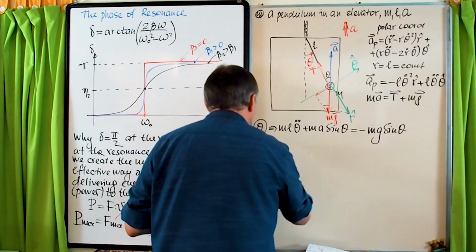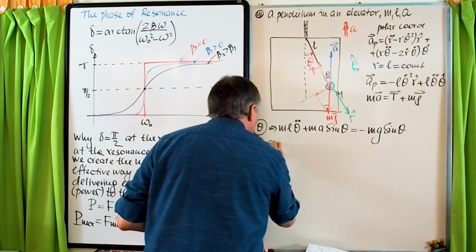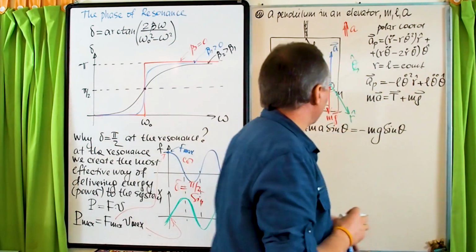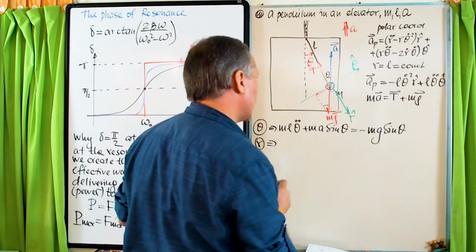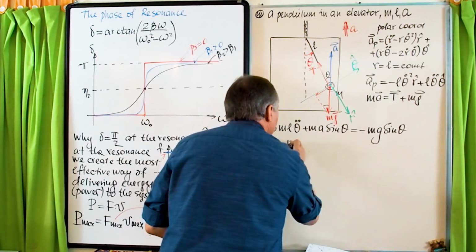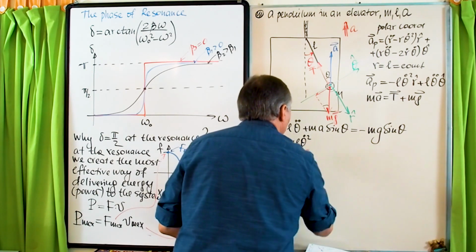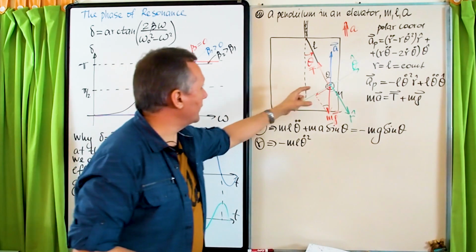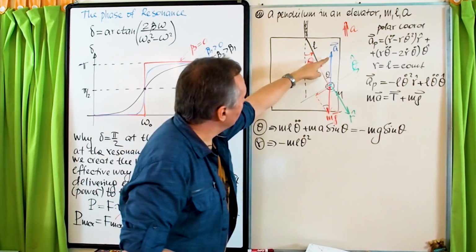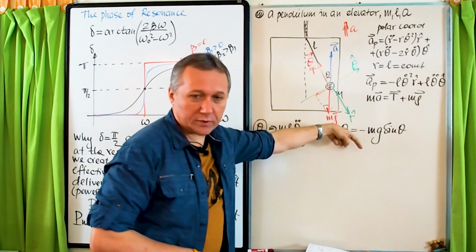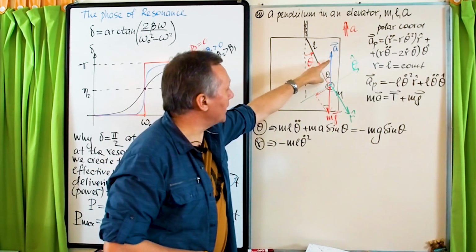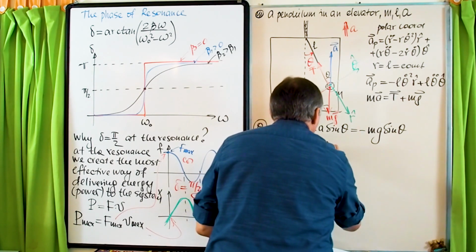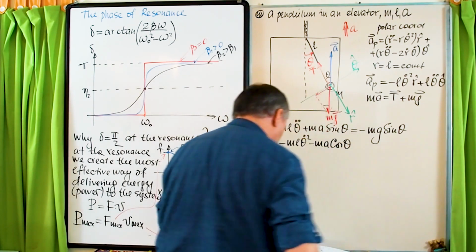Now let's do the same for r. So from this it will be minus ml theta dot squared. Then the contribution from the acceleration of the whole system, of the elevator. So in the r direction, positive r direction this way, it will be negative, so it will be minus ma times cosine theta, right?